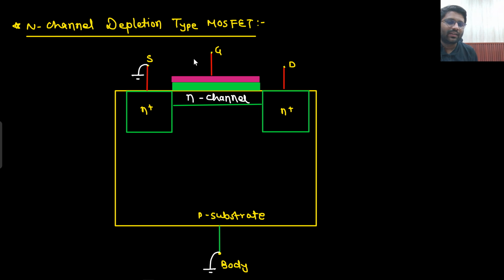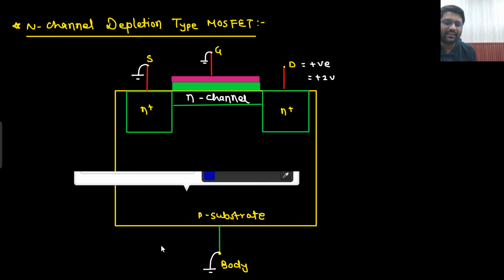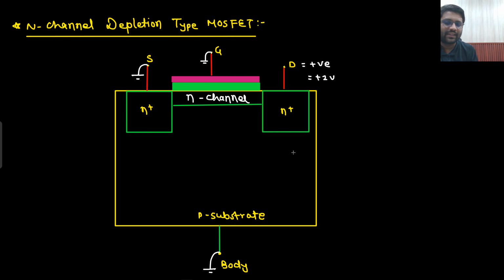Now just let me know one thing. If I just put a drain at some positive potential, let's just say plus 2 volt, and gate is at 0 potential, will the current flow? Yes, sir. Why would the current flow? Sir, already channel is present, no? Already barrier is very less. So here diffusion would take place, and then there is a high electric field.